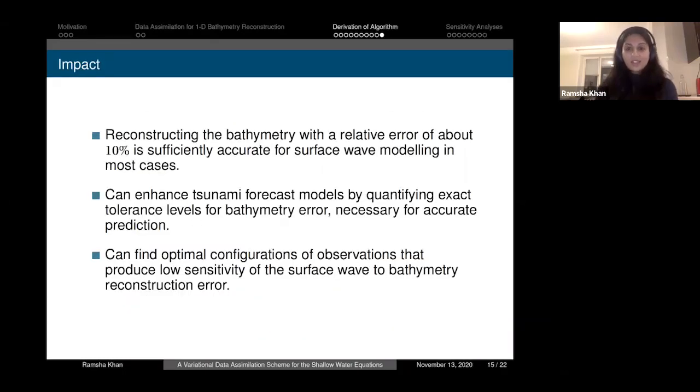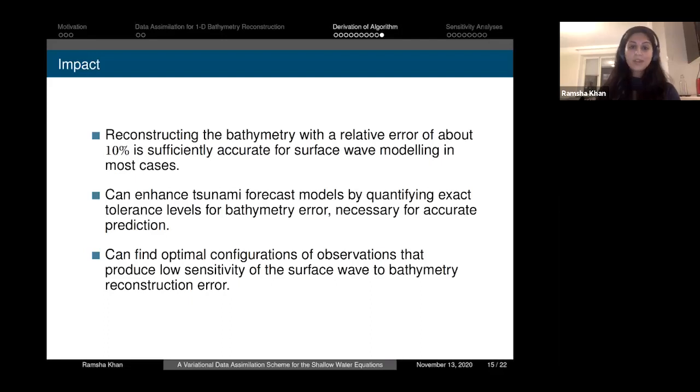And so that is one of the key impacts of this result, if we can actually substantiate it further. Just to summarize, we see that reconstructing the bathymetry with a relative error of about 10% is sufficiently accurate for surface wave modeling.